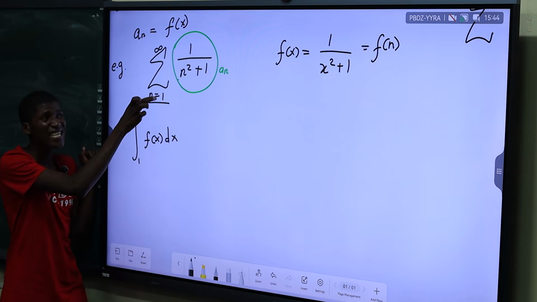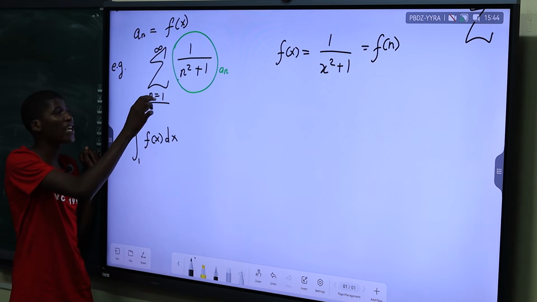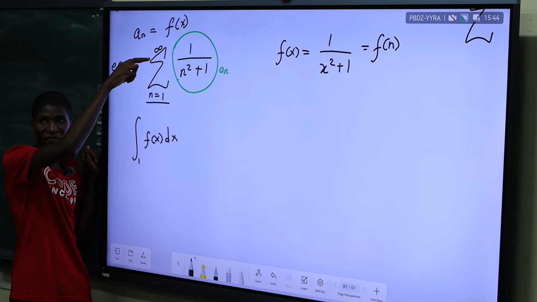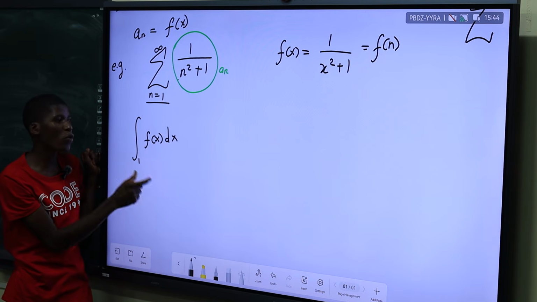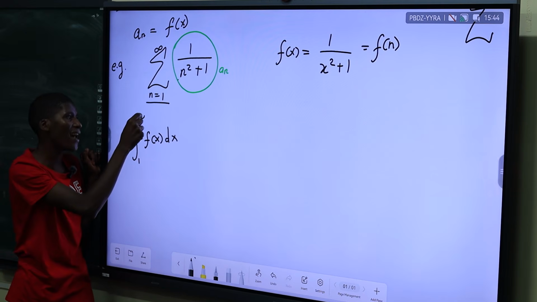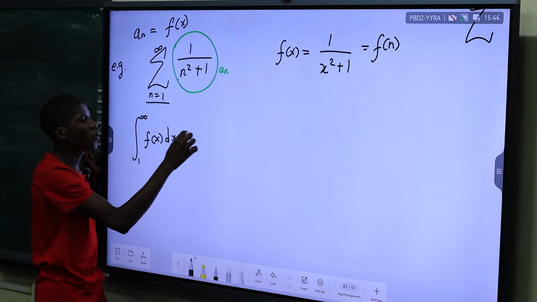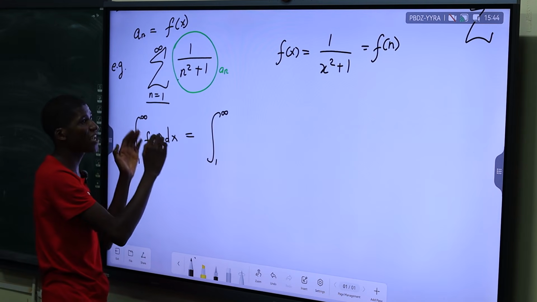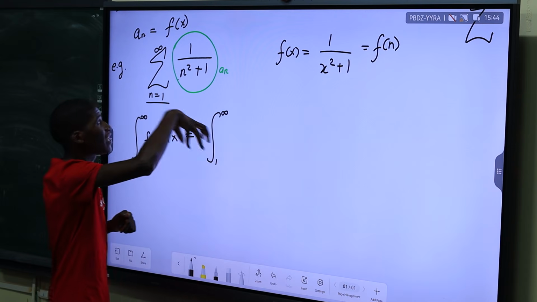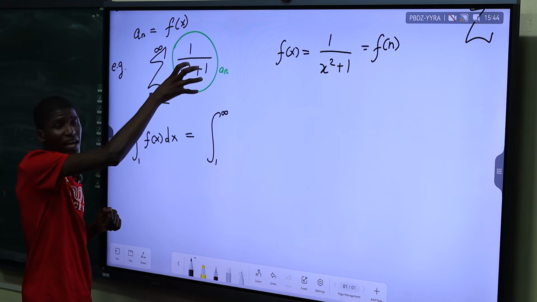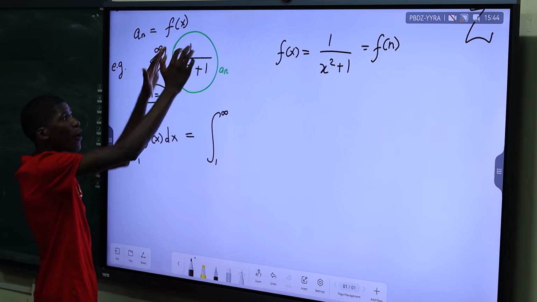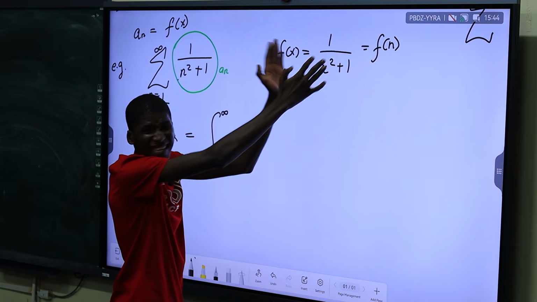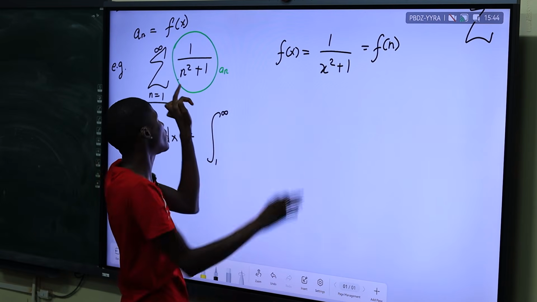Actually, here we are adding terms from term 1 until term infinity. The integral, we're going to compute it from 1 until infinity. So this is the integral from 1 until infinity of our f of x, which we extracted from aN, because aN is our sequence. We can convert our sequence into a function by simply replacing n with what? With x.